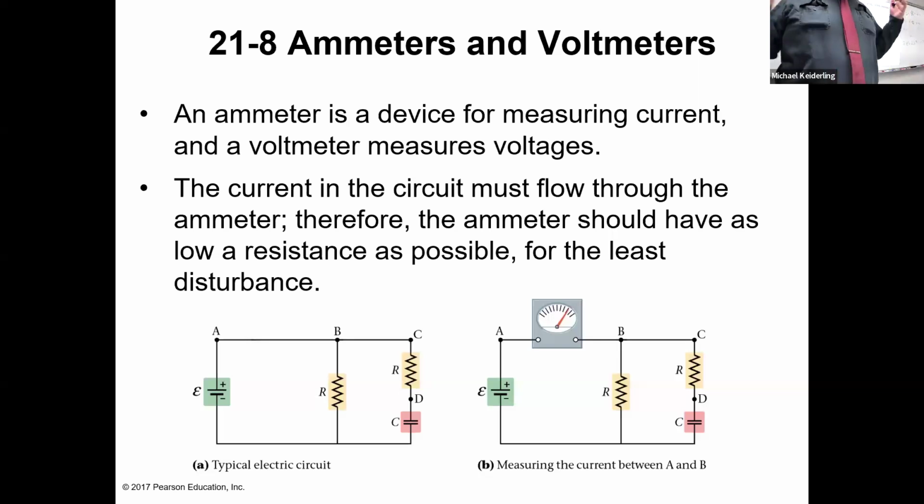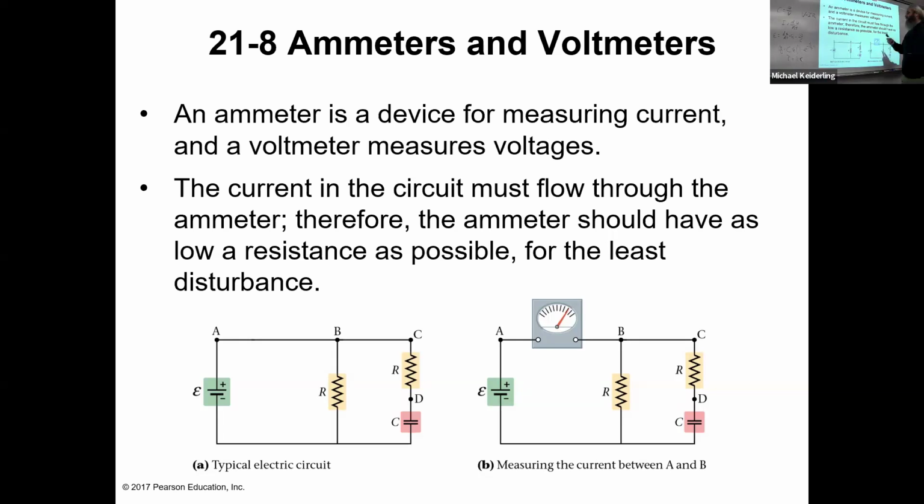You can't measure current from the outside. Actually, you can, but that involves a more expensive device that we don't have. There are things called clamp ammeters that use a magnetic effect to measure the current flowing through a wire. But in general, the current in the circuit has to flow through the ammeter.